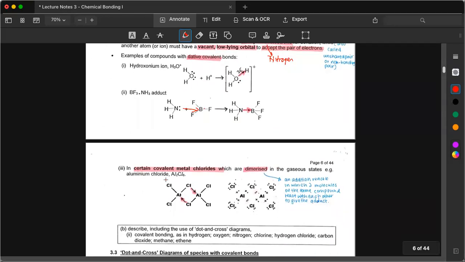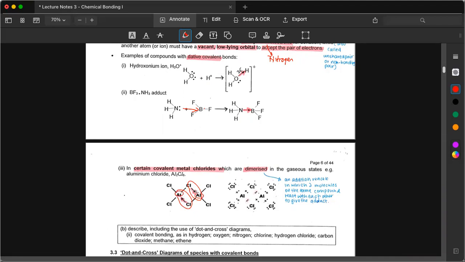Now, certain covalent metal chlorides like aluminium chloride are dimerized, which means two molecules of the same compound react with each other. Okay. So instead of AlCl3, we have Al2Cl6, which is a dimer. There are two dative bonds shown here, where the chlorine with the lone pair of electrons is able to form a dative bond with the aluminium.